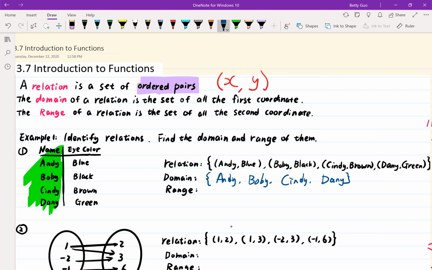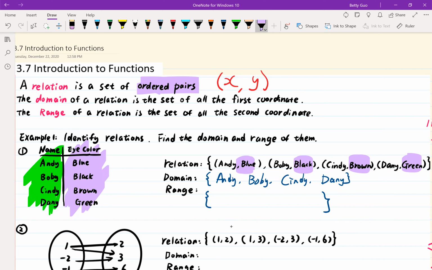What about range? By the definition, range is a set containing all the second components in the ordered pairs in a relation. Let's see the second components in the relation: blue, black, brown, green. So the range actually is column 2 in the table, right?